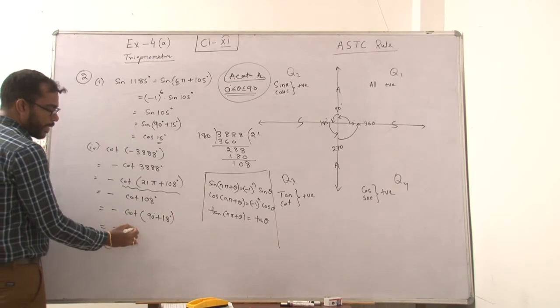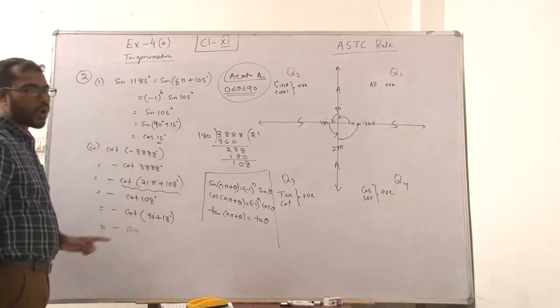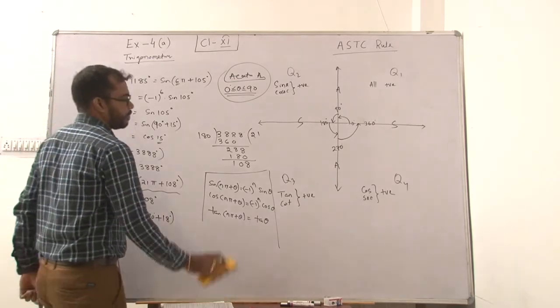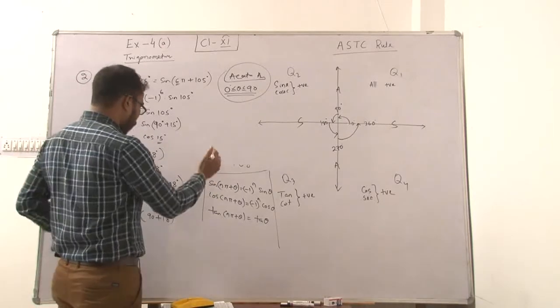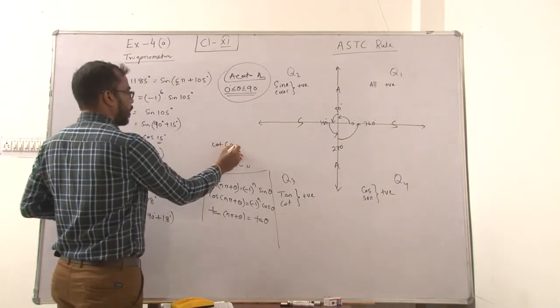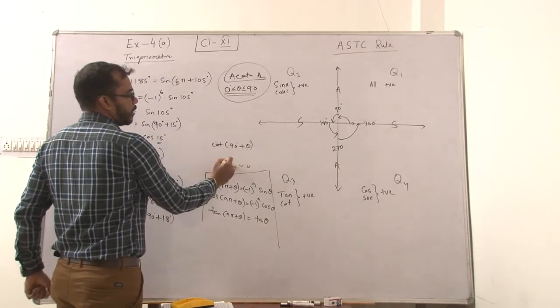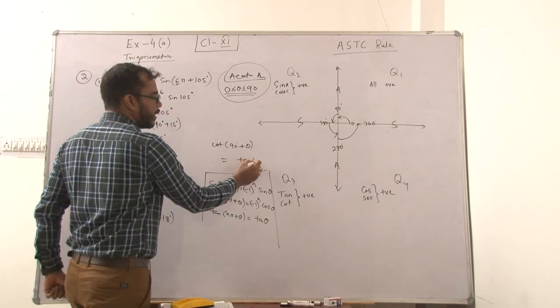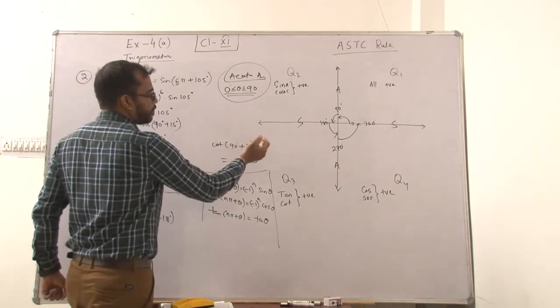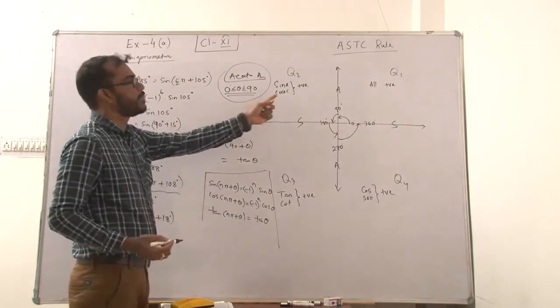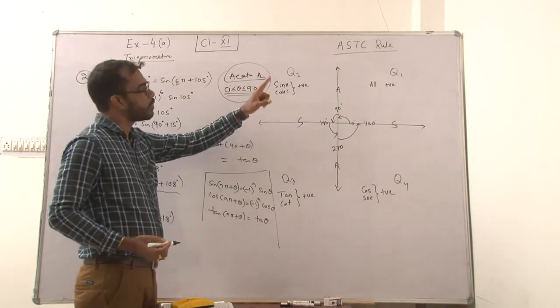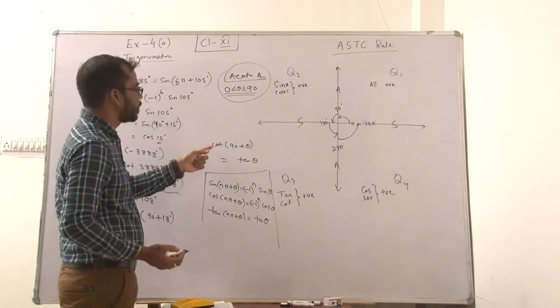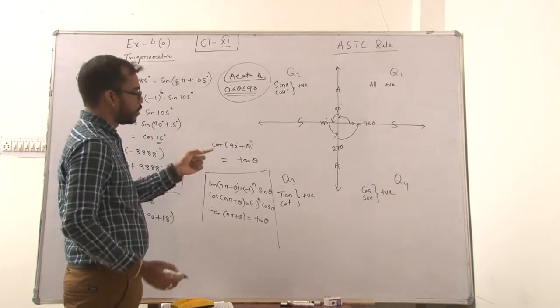So here you can use the formula cot (90 degree + θ). In the 90 degree related formulas, it alternates, so you can write tan θ. And 90 degree plus θ lies in the second quadrant, where sine and cosecant are positive, but here we have cot, so it is negative.